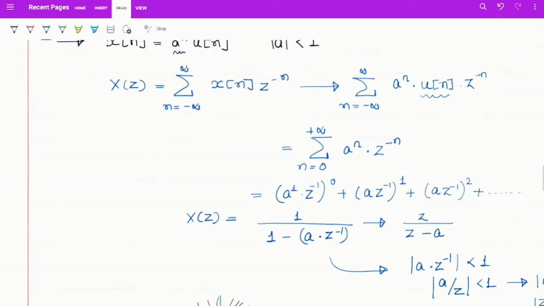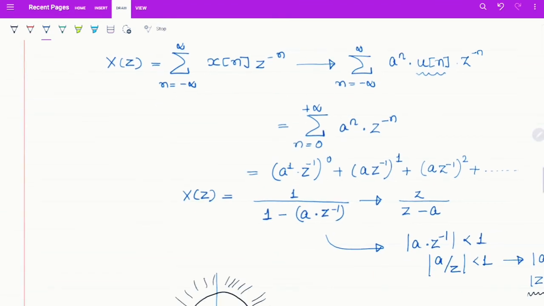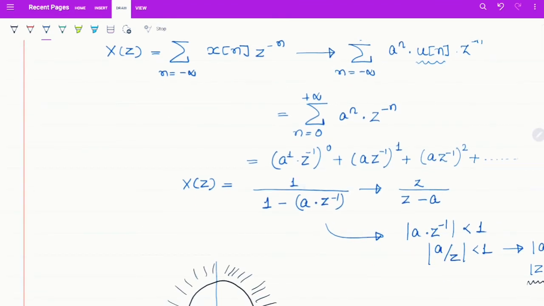now compare this with this equation. See, a to the power n u of n, the z transformation of this one is 1 by (1 minus a z inverse).